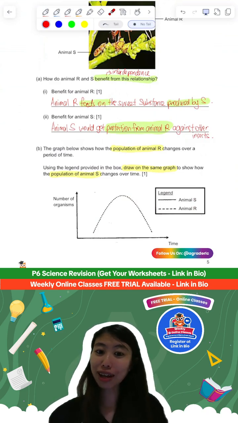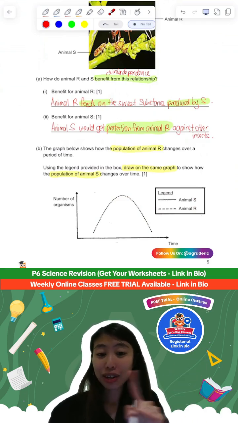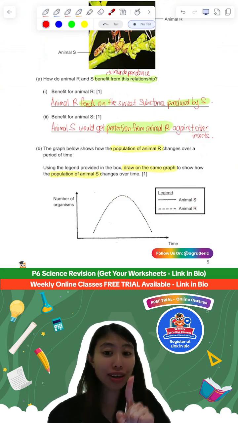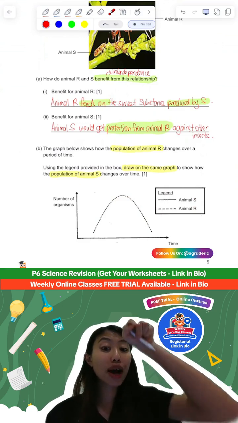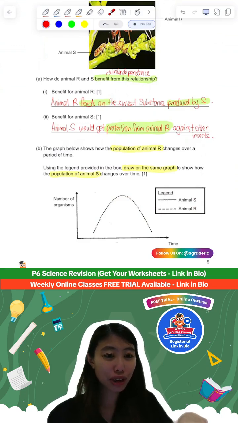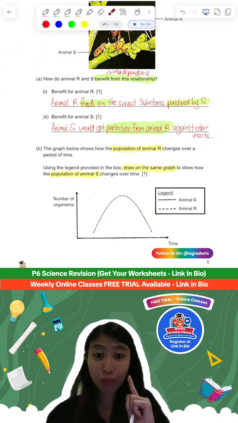You sure it's entirely different? They depend on one another. If one of them increases, the other one will benefit more, so the other one also increases. But if one decreases, it will affect the other one as well. The other one will also decrease. Very good, some of you got the idea there.